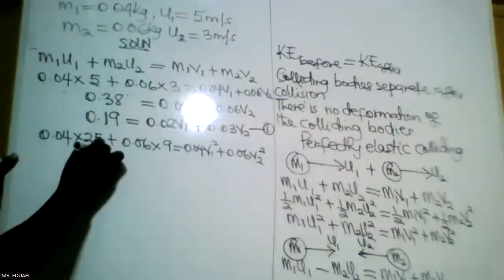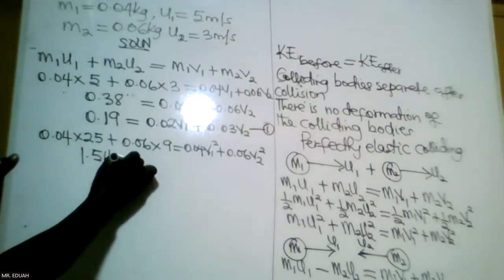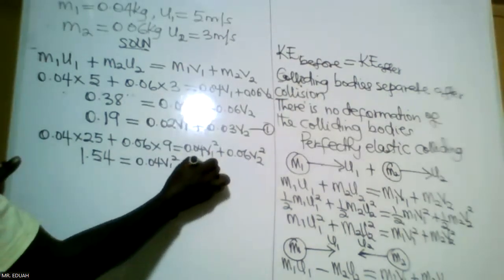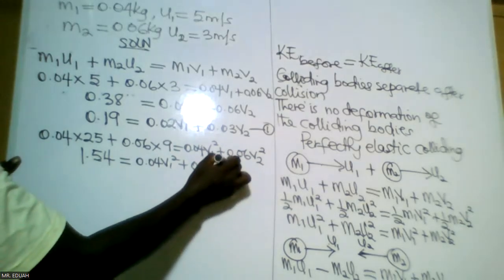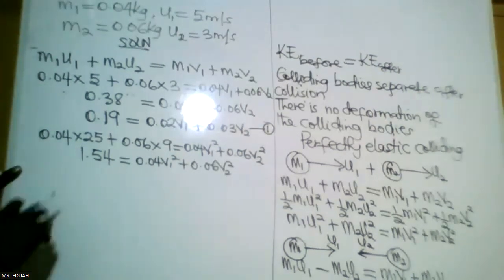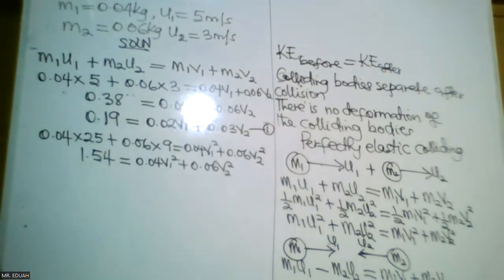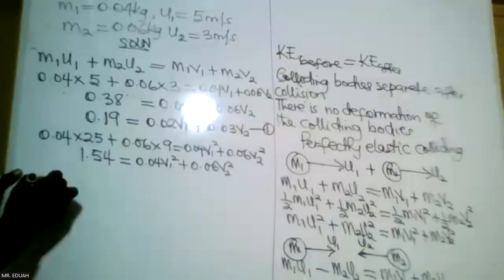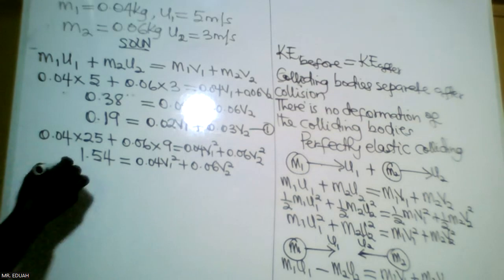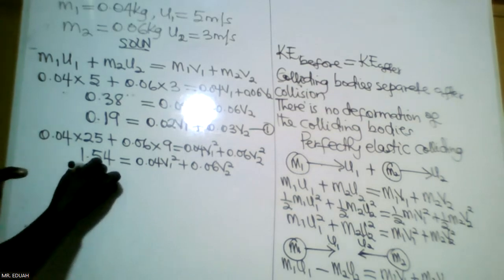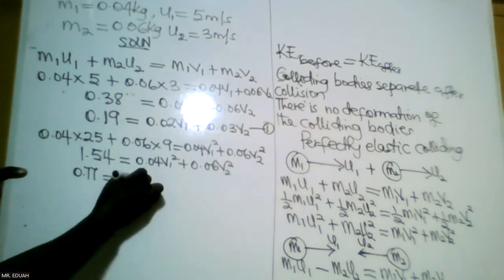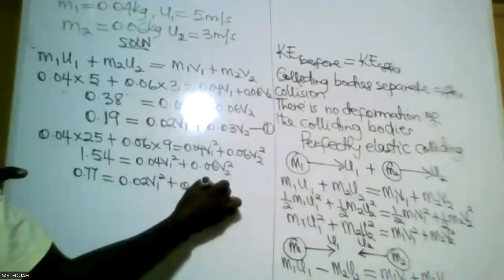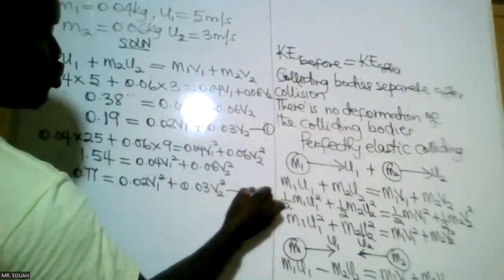So 1.54 is equal to, so let's divide through by 2. When you divide 1.54 by 2, this is equal to 0.77. So this is equation 2.